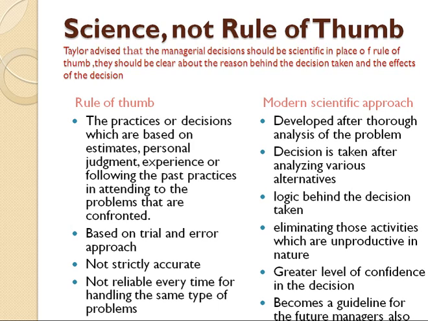But another manager who is following the scientific approach for taking this decision will find out all the alternatives to increase the sales, whether it may be improving the quality of the goods, incurring extra expenditure on advertisement, or giving a sales promotion scheme, or giving incentives to the sales manager, etc. After listing all the alternatives, he will take the best alternative out of them, and will be able to exactly tell the reason behind the alternative and the effect of this alternative on the sales of the organization, and he will be confident about the success of the decision taken.